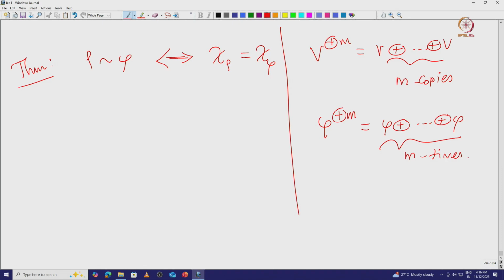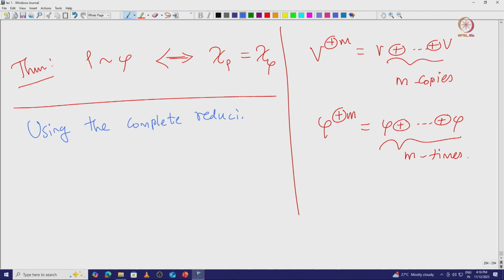Now note that using complete reducibility, we know that any given finite dimensional representation can be written as a direct sum of irreducible representations, and from our earlier theorems we know that the number of inequivalent irreducible representations is going to be finite.